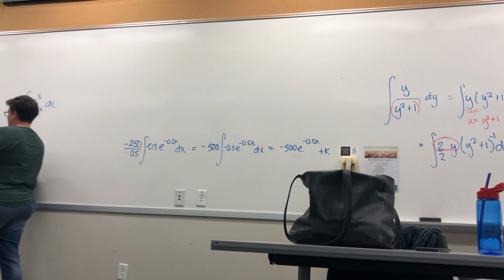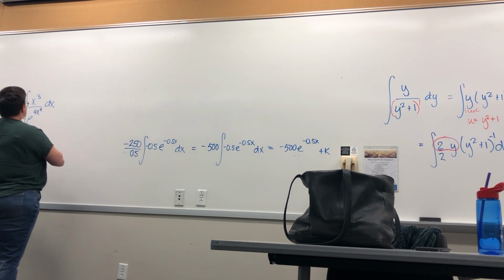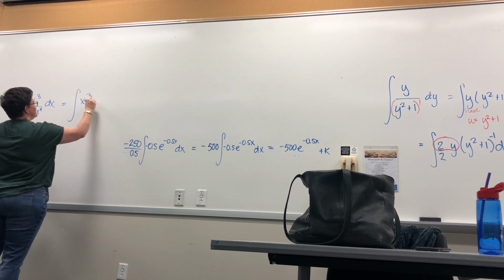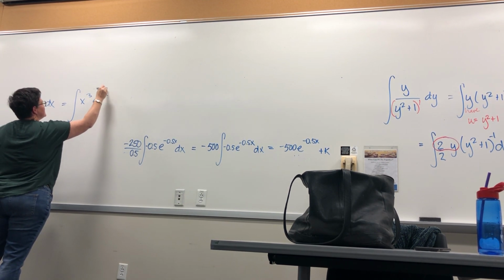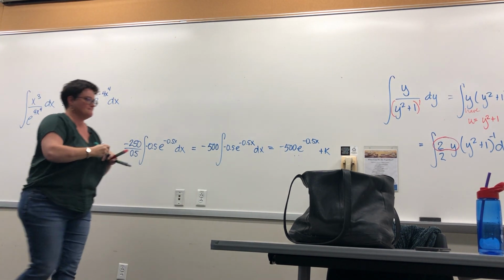Oh. When I bring up e squared, what goes negative? Is it the 2 or the 1 that's sitting on top of the 2, guys? It's the 2. So what's going to go negative here? The 4. The first 4. x cubed e to the negative 4x to the 4th with respect to x, right?